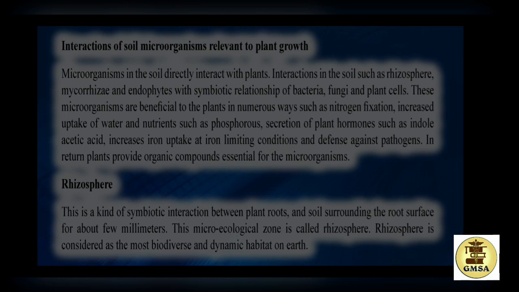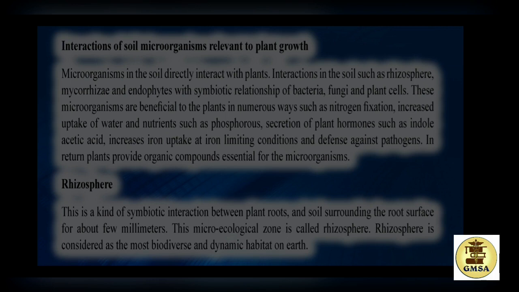You can find pathogens because in the soil environment a large variety of microorganisms can be found, and some of them might be pathogenic. In return, plants provide organic compounds essential for the microorganisms. So microorganisms also require certain nutrients and components that are essential for their survival. These are provided by the plants in the form of organic compounds.